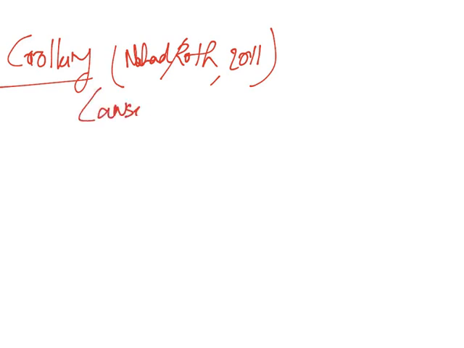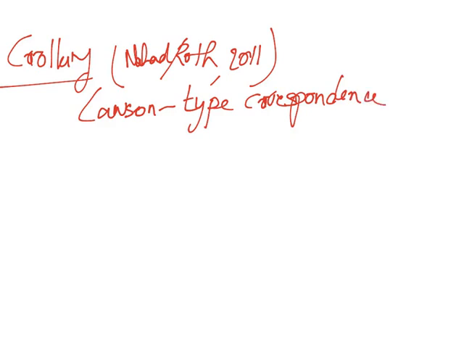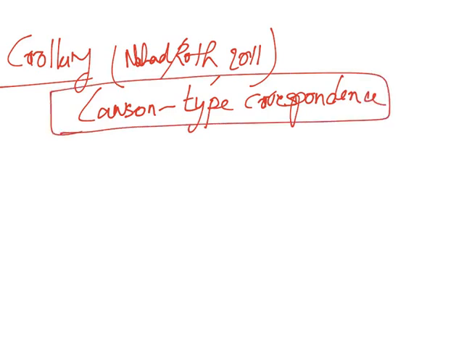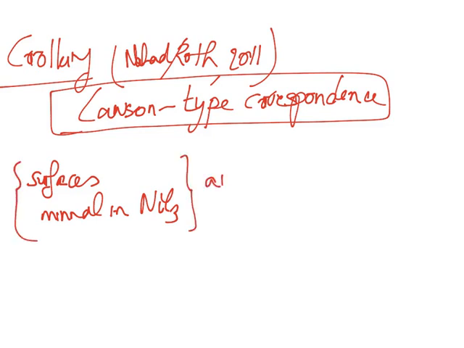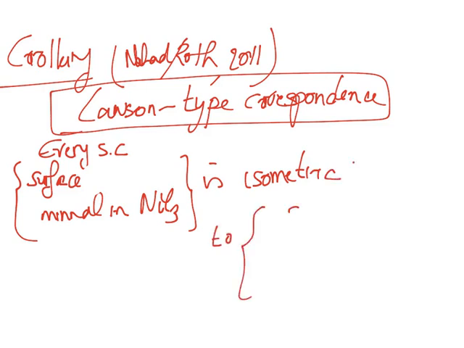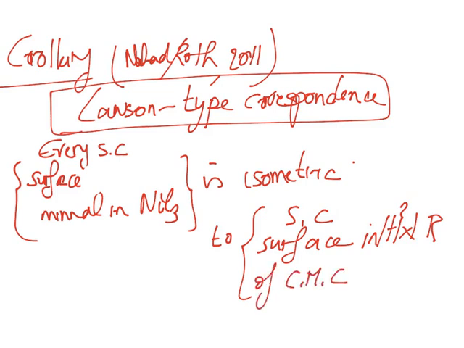A Lawson type correspondence: simply connected minimal surfaces in the Heisenberg group are isometric, or if you want, every simply connected minimal surface in the Heisenberg group is isometric to a simply connected surface in H2 times R of constant mean curvature half.